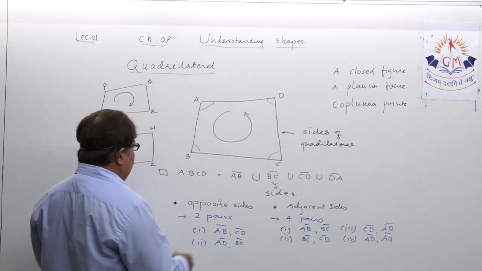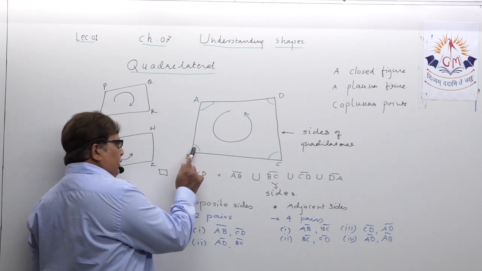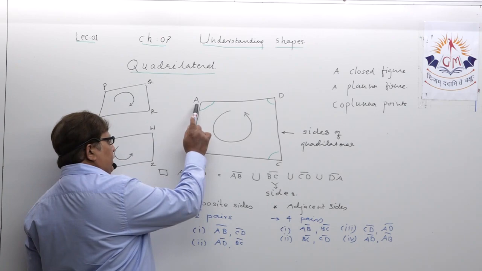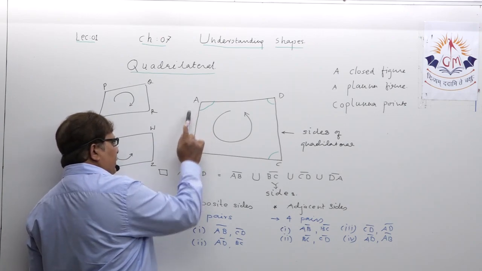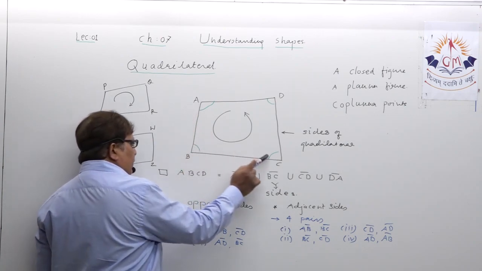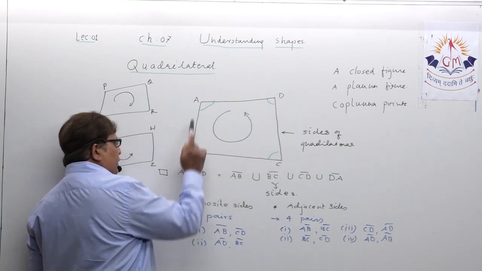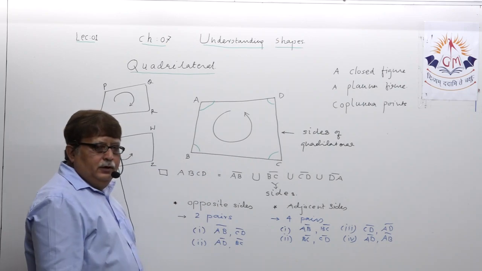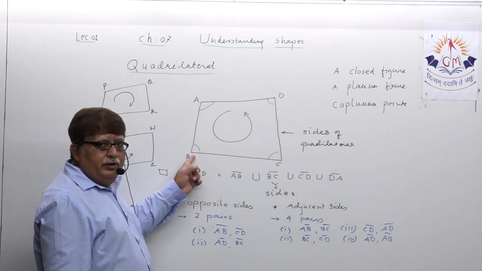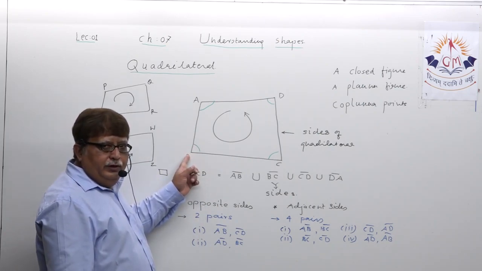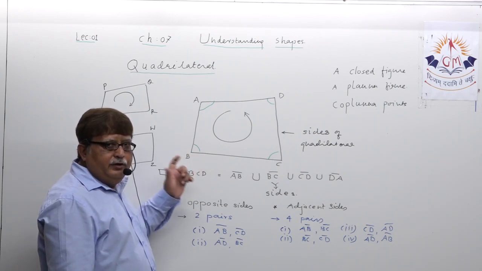Suppose somebody asks you to name this angle. Start from here first. Angle ABC or angle CBA. The angle which you want to name, its point is the vertex of the angle.